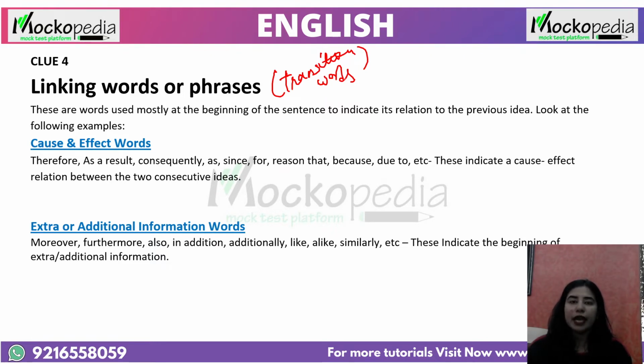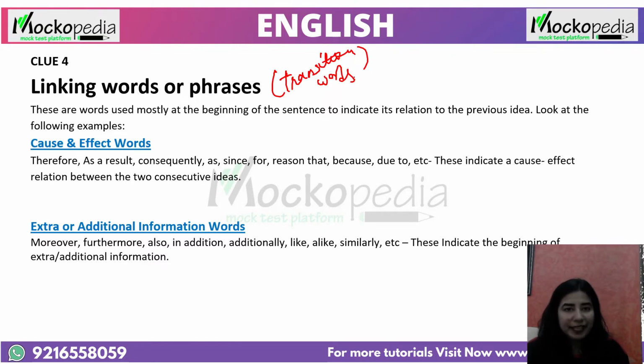If you are attending any class of mine where I'm talking about sentence completion, again I would talk about transition words. If there is a CR session, I would again lay emphasis. So I really believe that knowing transition words helps in solving the questions effectively, and this is one clue which as a student we should definitely utilize.